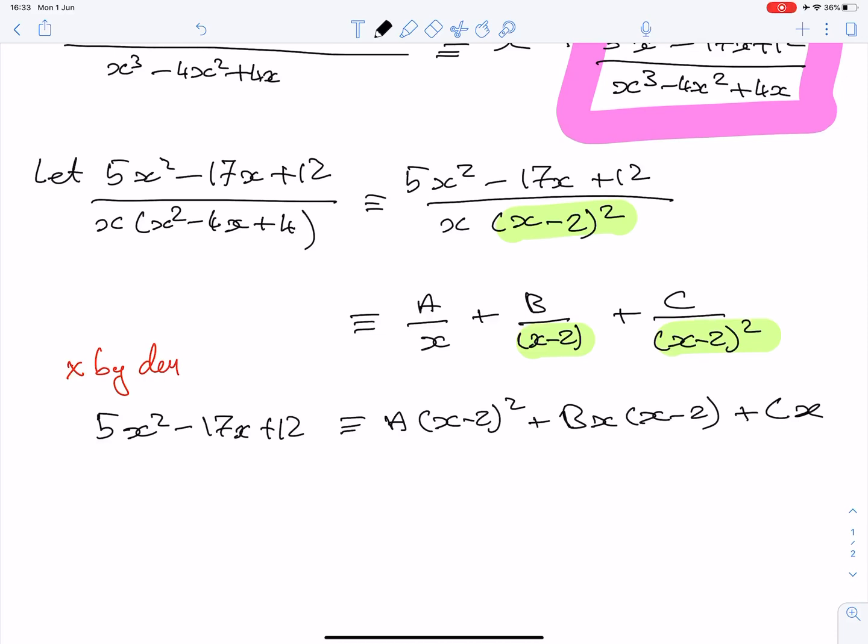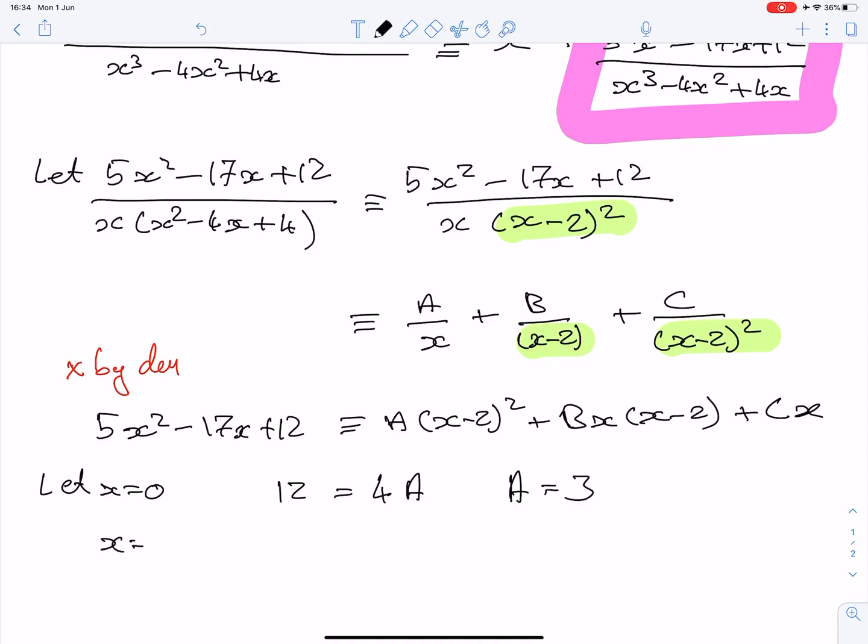So we can eliminate a number of these. Let x equals 0, we get 12 equals 4a, and the b and c terms vanish, so a equals 3.